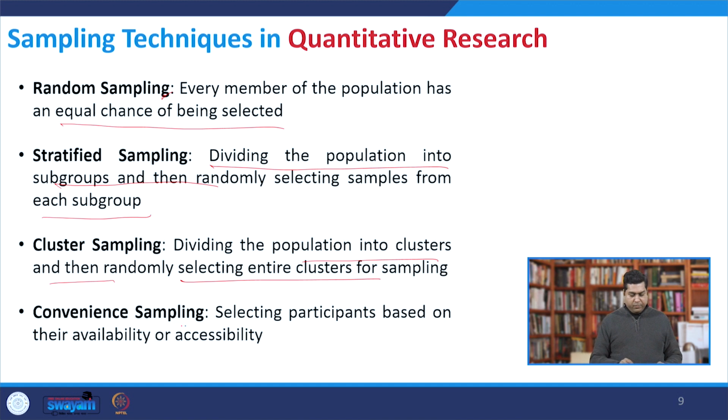Or it can be convenience sampling, where participants are selected based on their availability and accessibility. Each of them has certain advantages and disadvantages that we have discussed in the sampling techniques PPT. If you have not gone through it, please go through. If you have any questions further, write them in the forum.